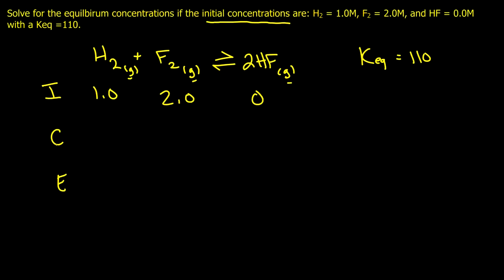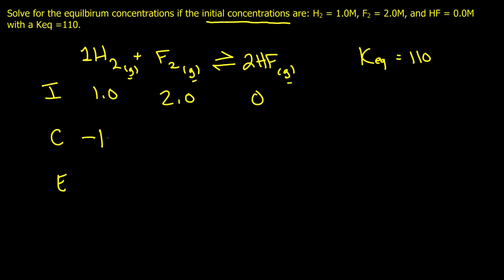Next step, C stands for change at equilibrium. So at change at equilibrium, you're going to say how much these concentrations are going to change by. Reactants will always be lost, so it's going to be a minus. Your coefficient tells you how much. There's a 1 here, so there's a 1.